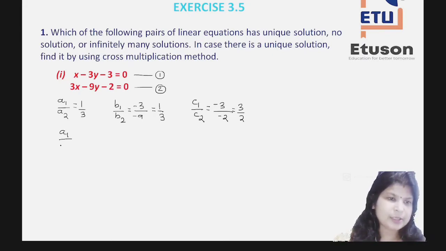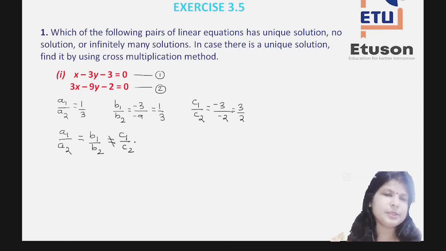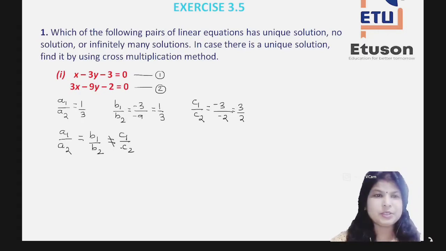Can we write that a1 by a2 is 1 by 3, so b1 by b2 is also equal to 1 by 3? So can I write like this: a1 by a2 is equal to b1 by b2 is not equal to c1 by c2? Right? It is 3 by 2, so not equal to c1 by c2. So if this type of relation holds good, then which kind of solution will you get?